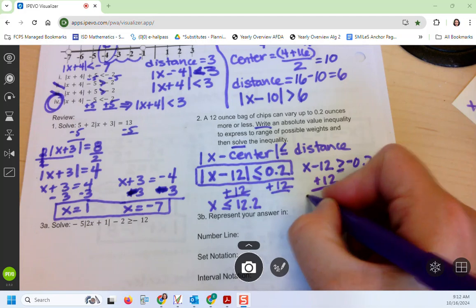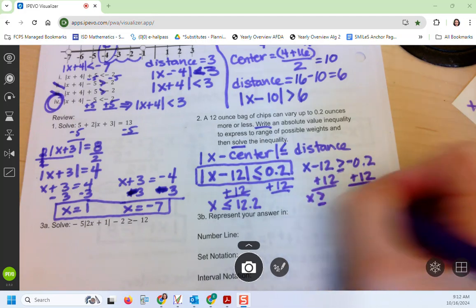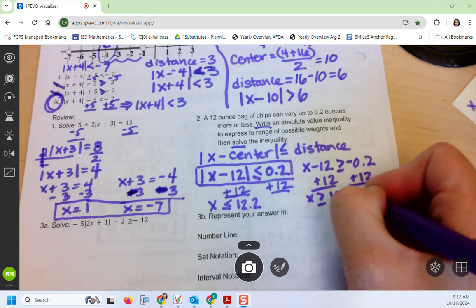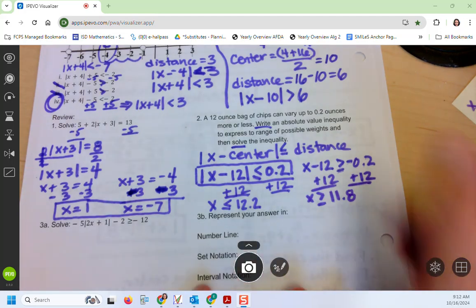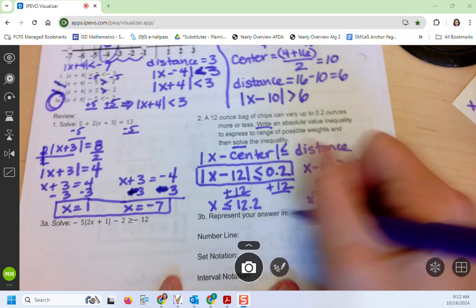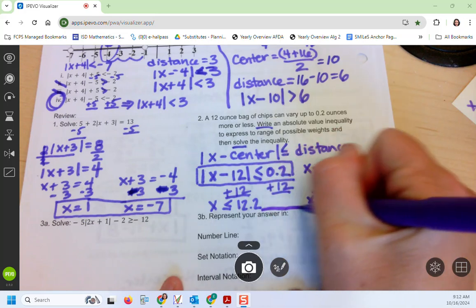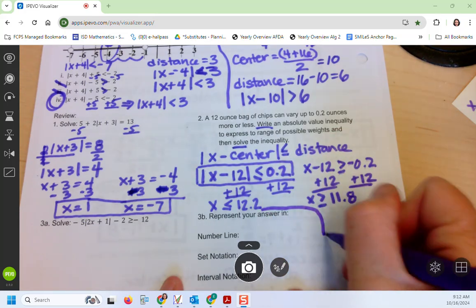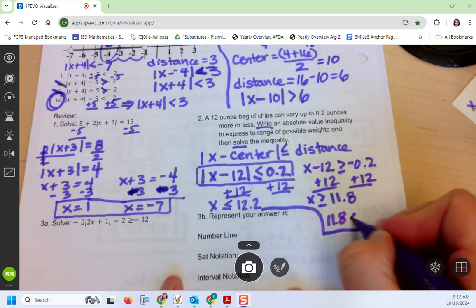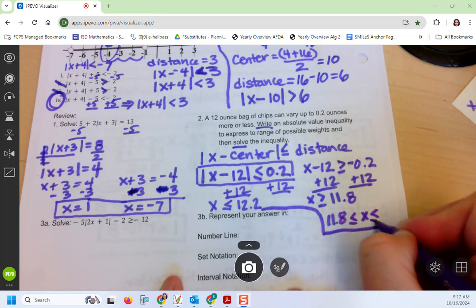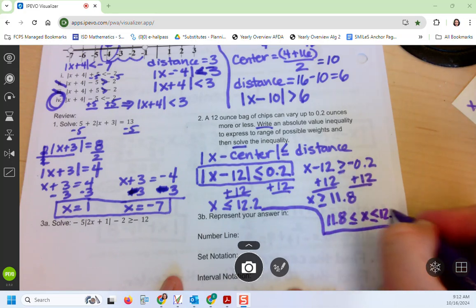X is greater than or equal to 11.8. And whenever you have one of these problems where you're between two numbers, you need to express it with the x in the middle. So the smaller number comes first, the 11.8, less than or equal to the x, less than or equal to the 12.2, like that.